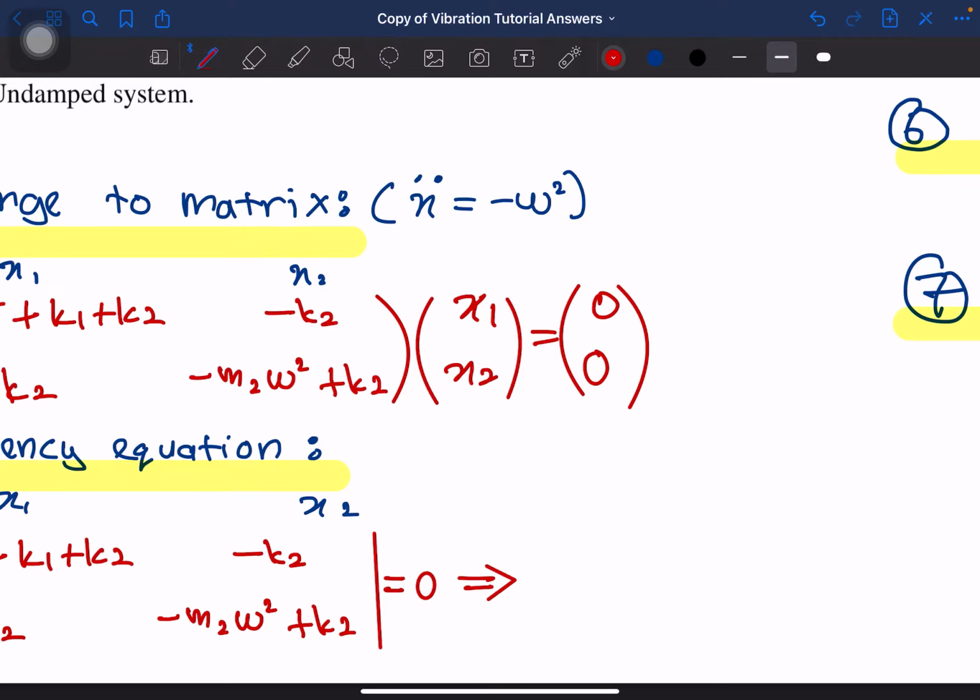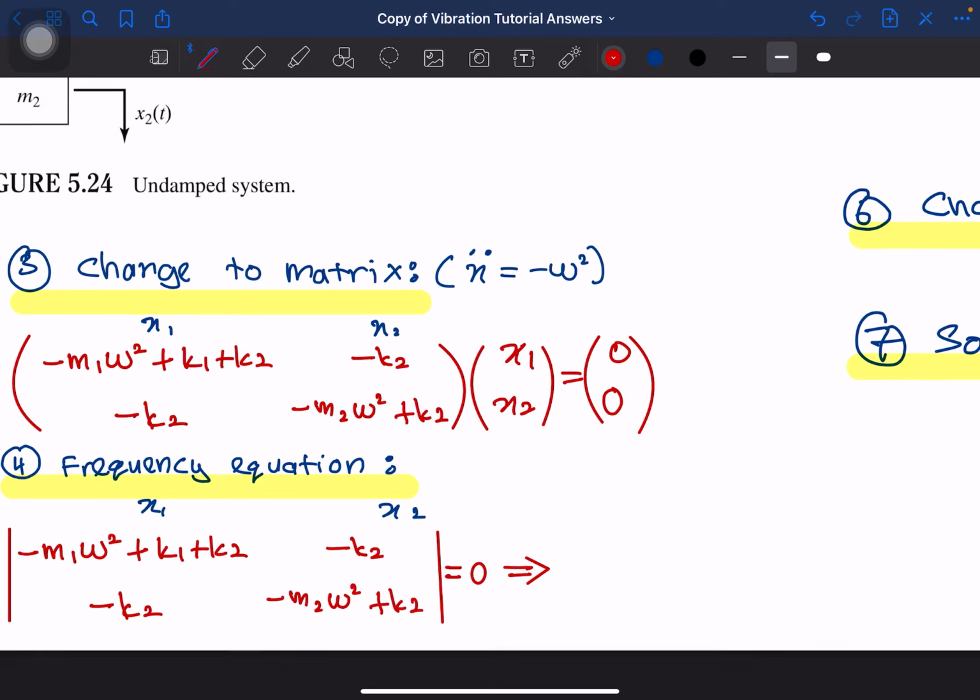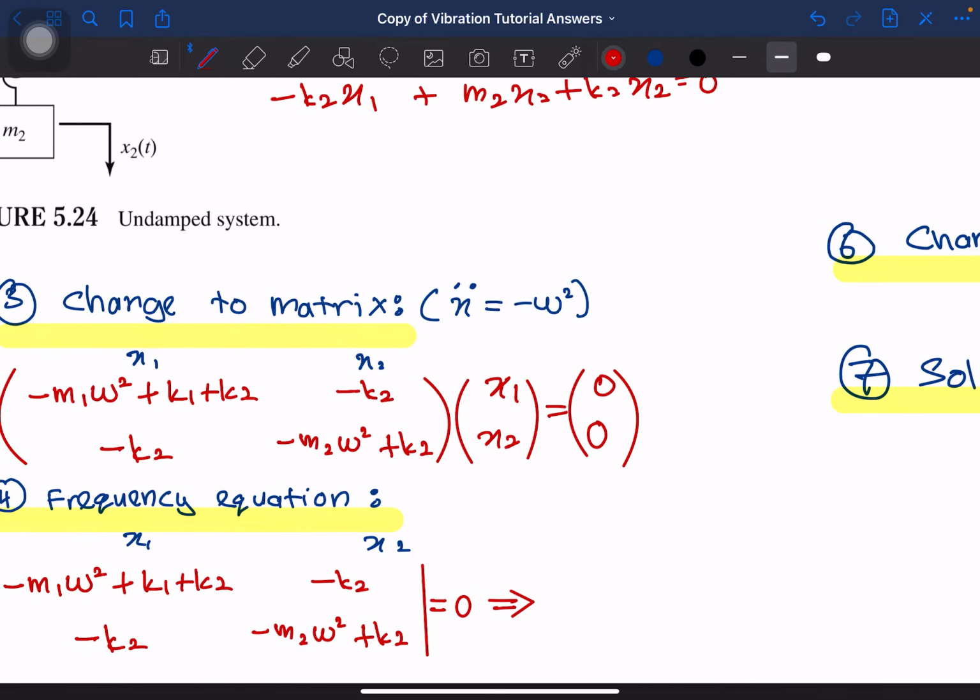You get negative m1 now equals negative 20 omega square, plus k1, which is 1000, and plus k2, 2000, you get over here 3000. Negative k2 is negative 2000.